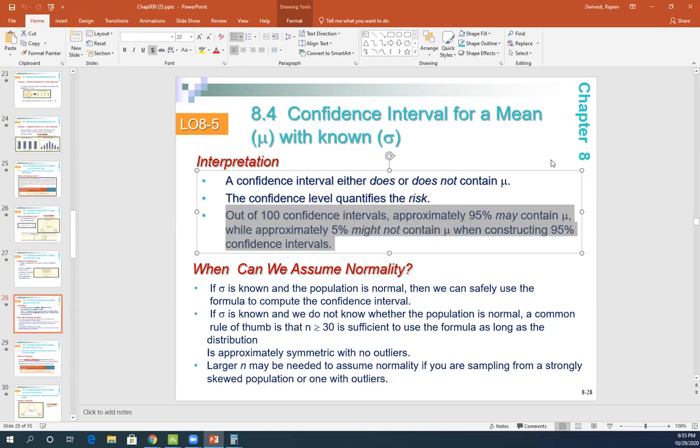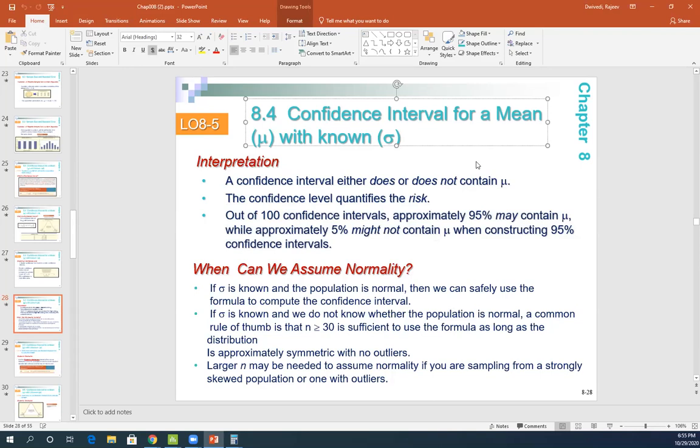Is it clear to everyone? If it is clear, because this is the most important concept, what is the meaning of confidence interval? When can we assume normality? N must be greater than or equal to 30, then only we can assume. This is a statistics rule.